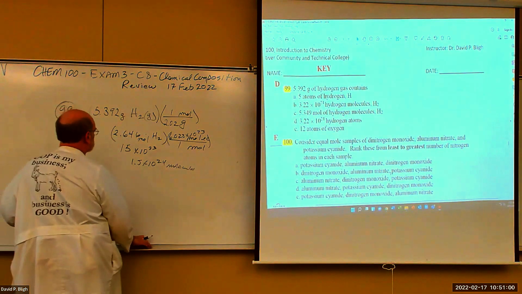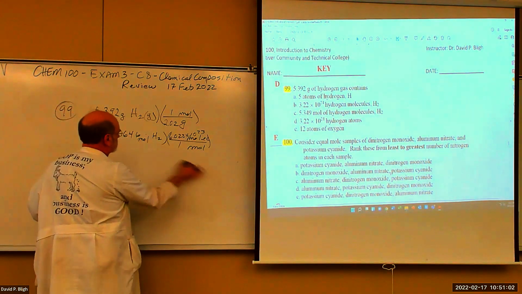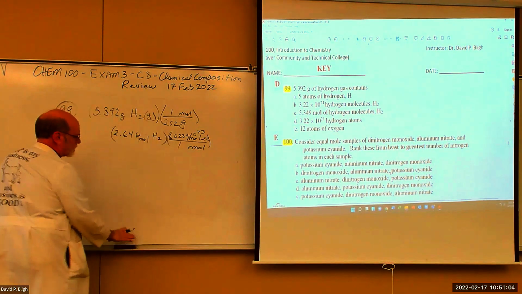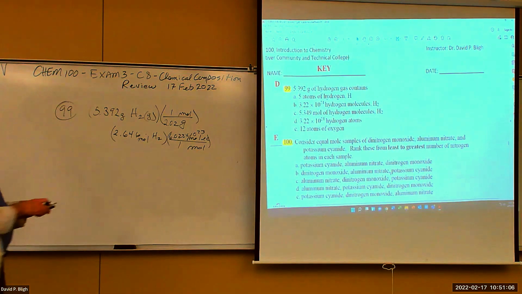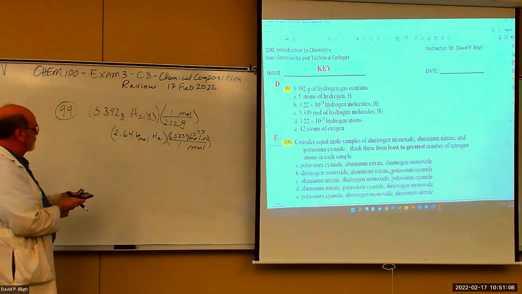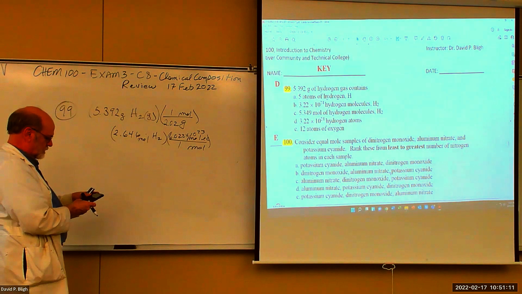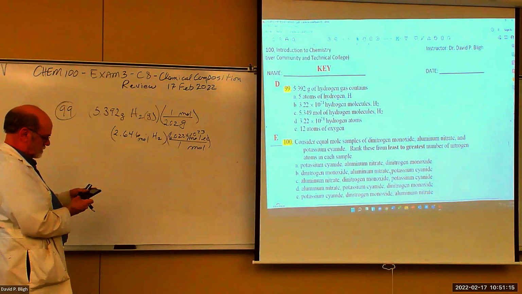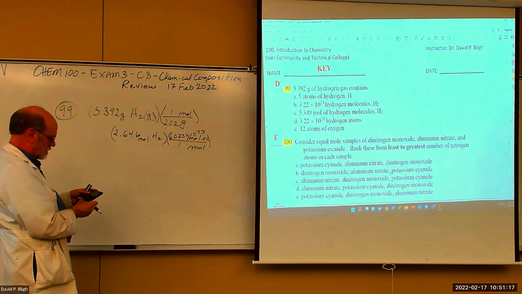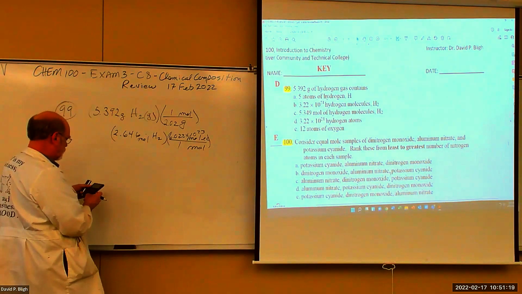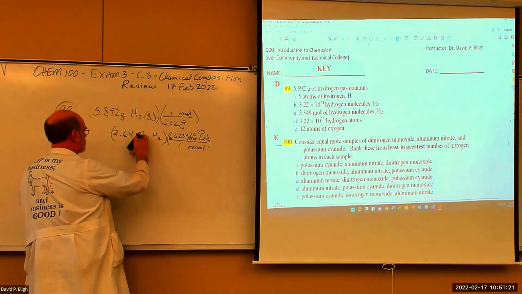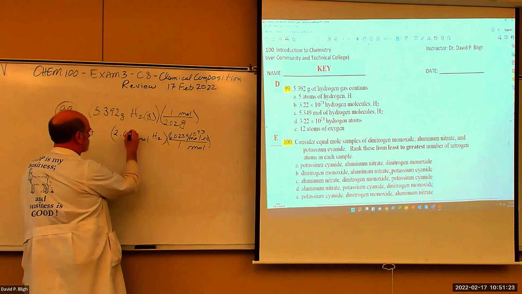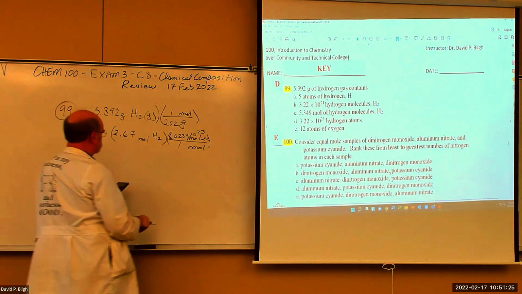I did something wrong. 1 second. Let me just do the calculation. 5.392, 2.02 grams per mole of hydrogen gas is 2.67 moles of the gas.